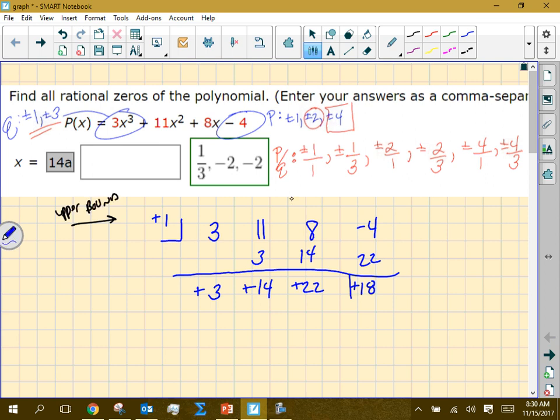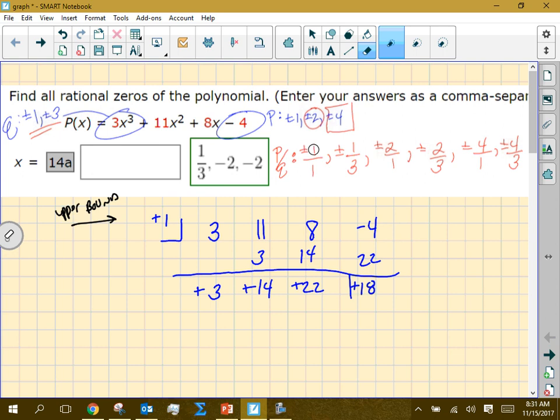It's an upper bound, which means that all of the other values that are greater than 1 will not work. So what that tells me is numbers that are greater than 1, well, I know 1 itself is not going to work.